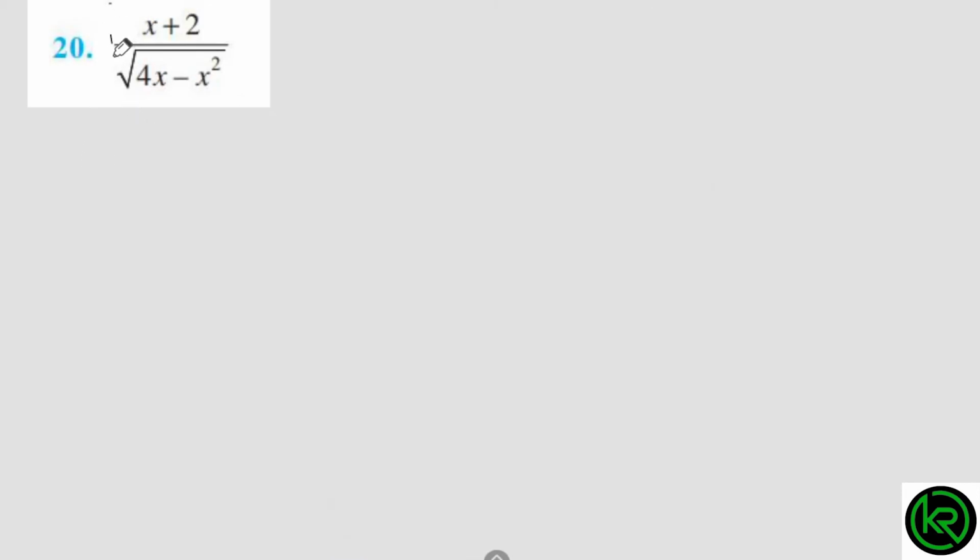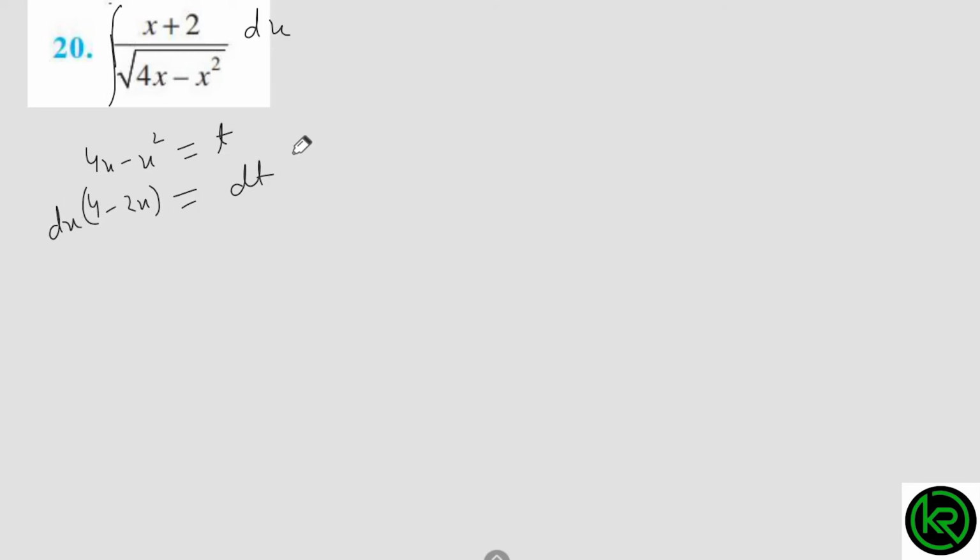Next students, I is equal to x plus 2 upon under root 4x minus x square. Here students, 4x minus x square you will take as t, and differentiating both sides you will get dt equals to x differentiation will be 1, so 4 minus 2x dx.